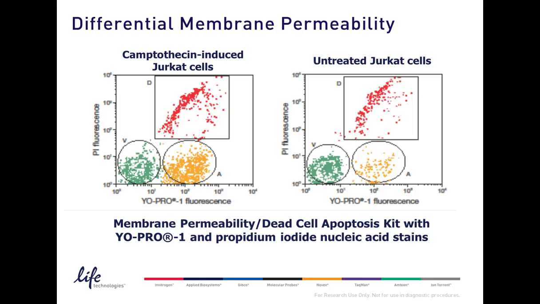You can see in yellow the apoptotic cells. There are very few cells that are apoptotic here, versus the green viable or completely dead in red. However, if we treat these cells with camptothecin, we see an increase in Yo-Pro fluorescence. There's an increasing number of cells in that yellow circle, but there's no increase in the PI staining. So this is not a complete loss of membrane integrity, which would let the normally impermeant PI in. It's a differential permeability.